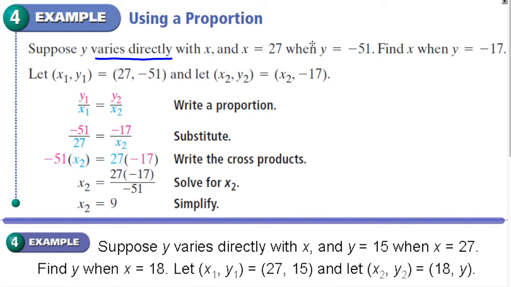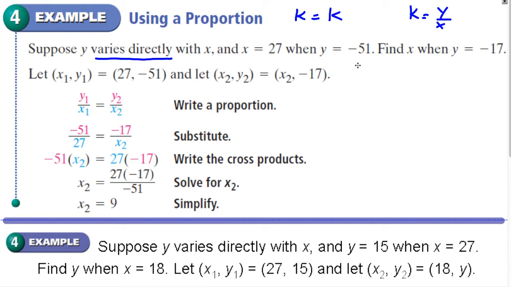So we have 2 points on the graph. What this means is that the constant of variation is the same for any points that are on the same graph. These vary directly, K equals K. Well, we know that K from that first slide is equal to y divided by x.